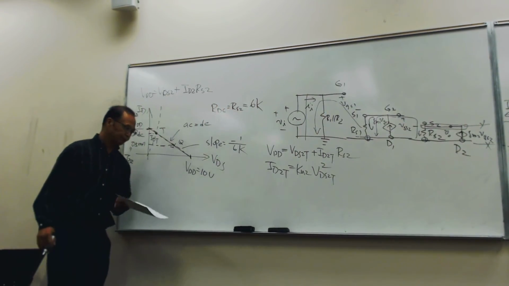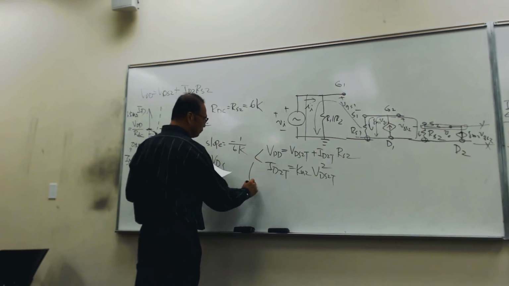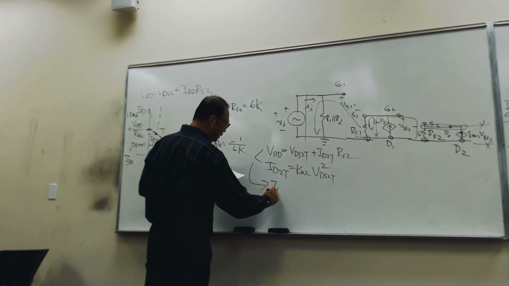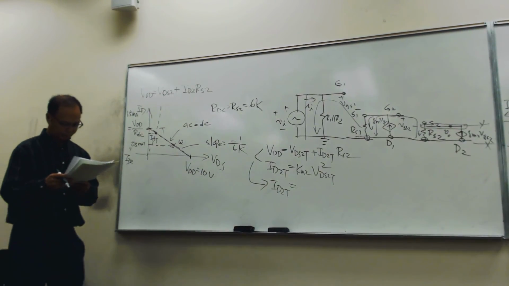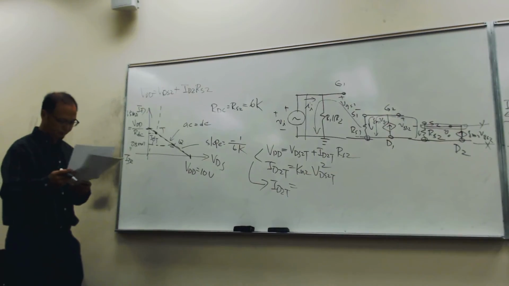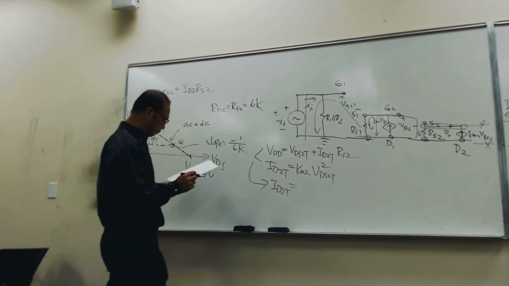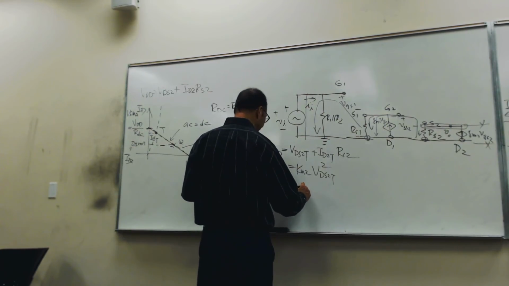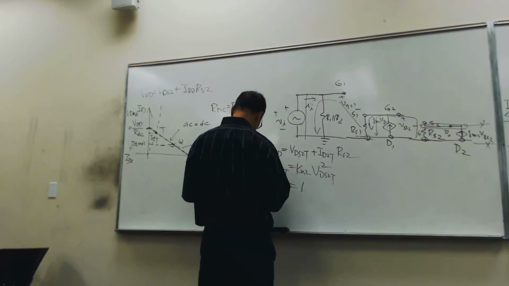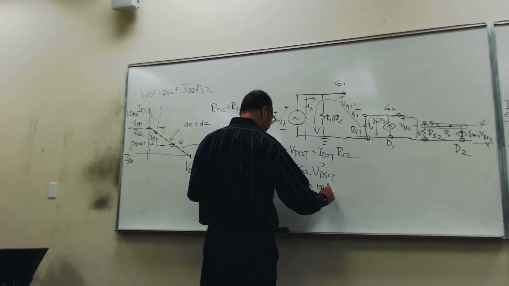So that's the second equation. So you combine the two, you can get the ID2T. I'm not sure it's correct, but I got about 1.2 milliamp.